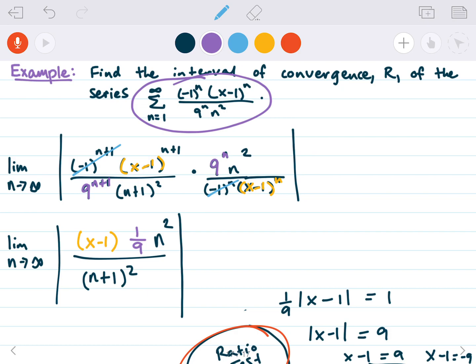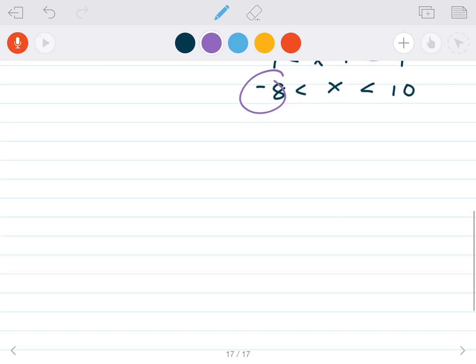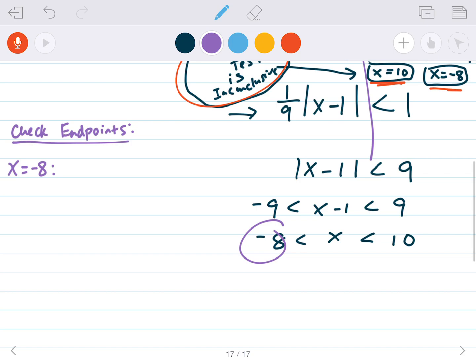All right, cool. So what we're going to do here is plug into our series. So our series was this: negative 1 to the n, x minus 1 to the n, over 9 to the n squared.